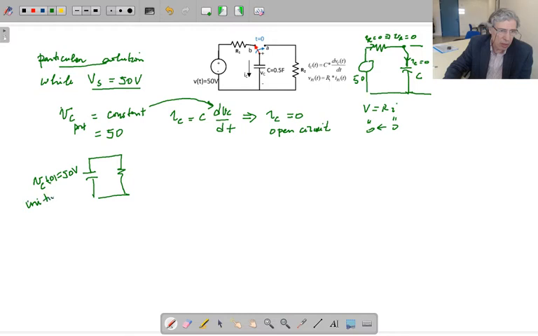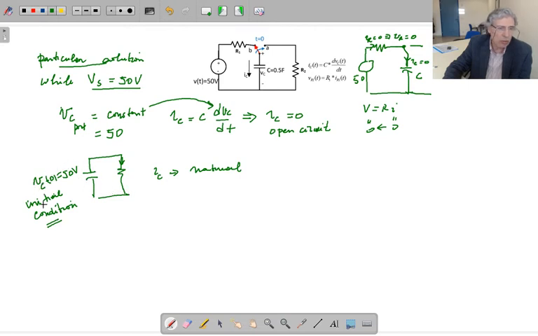So I set the initial condition to 50 volts. This is what I have done. If you find the current here, it's going to be the natural solution. So IC is going to be the natural solution. Why is it natural? Because there is no other source.